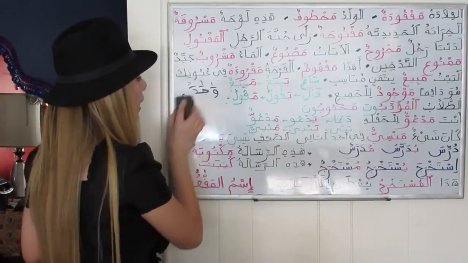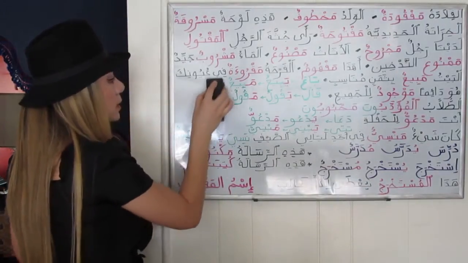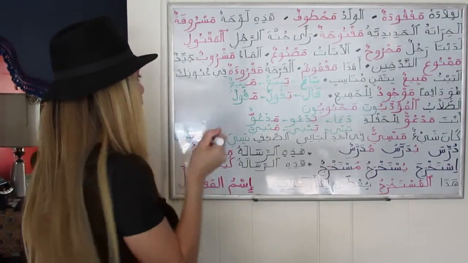Alright. Next one. The passive participles of doubled verbs, الفعل المضاعف, are also completely regular. So الفعل المضاعف, geminate verb.